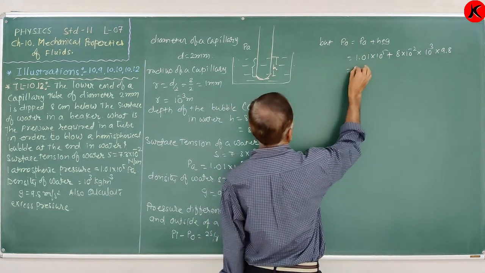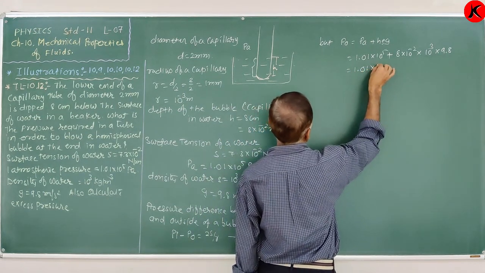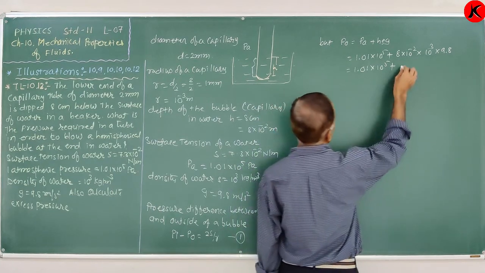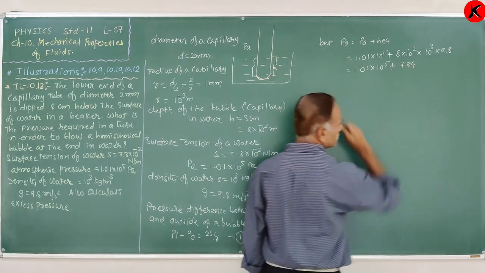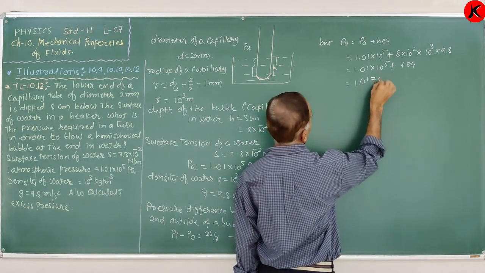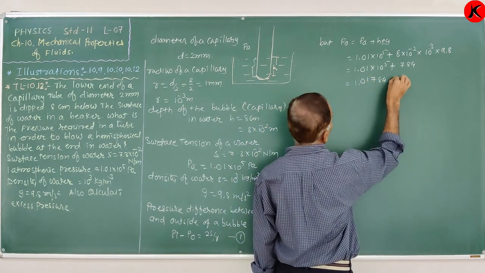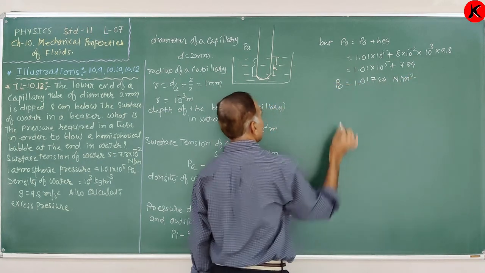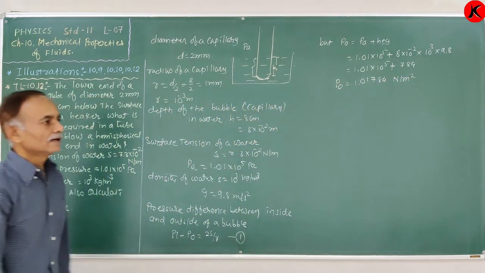Therefore, if we simplify, 1.01 into 10 to the power 5 plus 784. Therefore, 1.01784 into 10 to the power 5 Newton per meter square is the pressure outside of an air bubble.